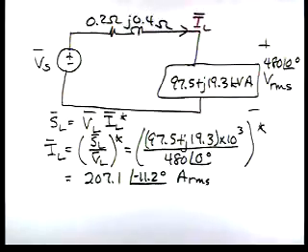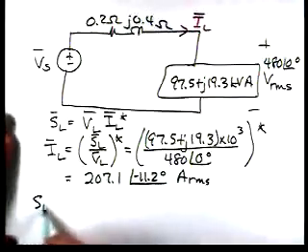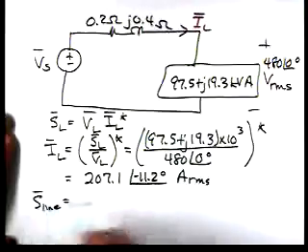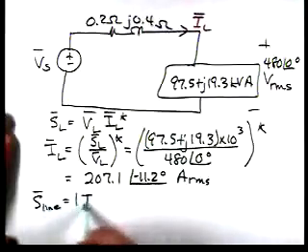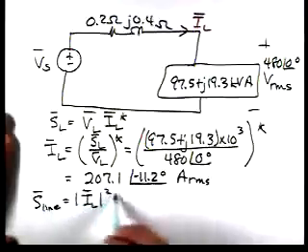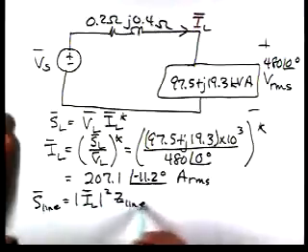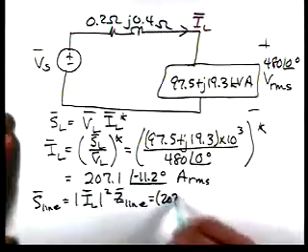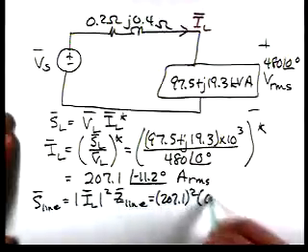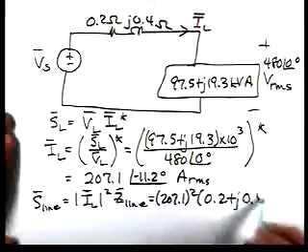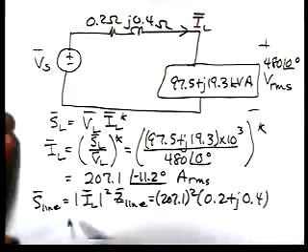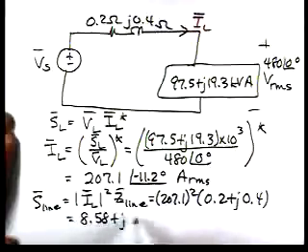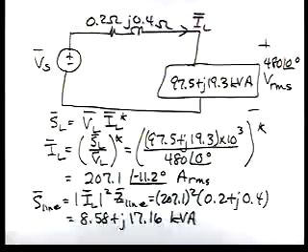Okay, now we can calculate S for the line. It's going to be the magnitude of IL squared times Z of the line. So we have 207.1 squared times 0.2 plus j0.4, and that's 8.58 plus j17.16 kVA.